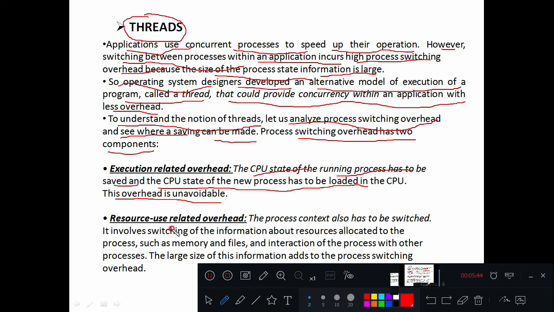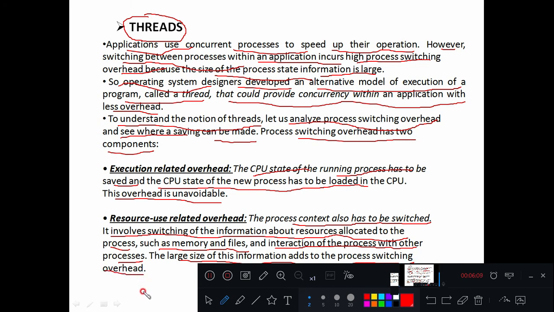Second one, resource use related overhead. The process context also has to be switched, right? It involves switching of information about resources allocated to a process, such as memory and files, and interaction of a process with other processes. The large size of this information adds to the process switching overhead, right?